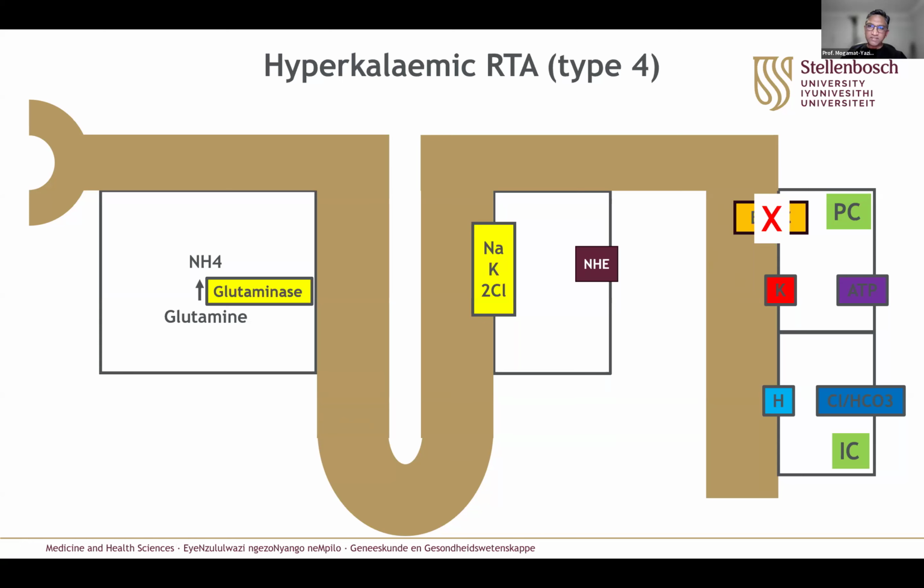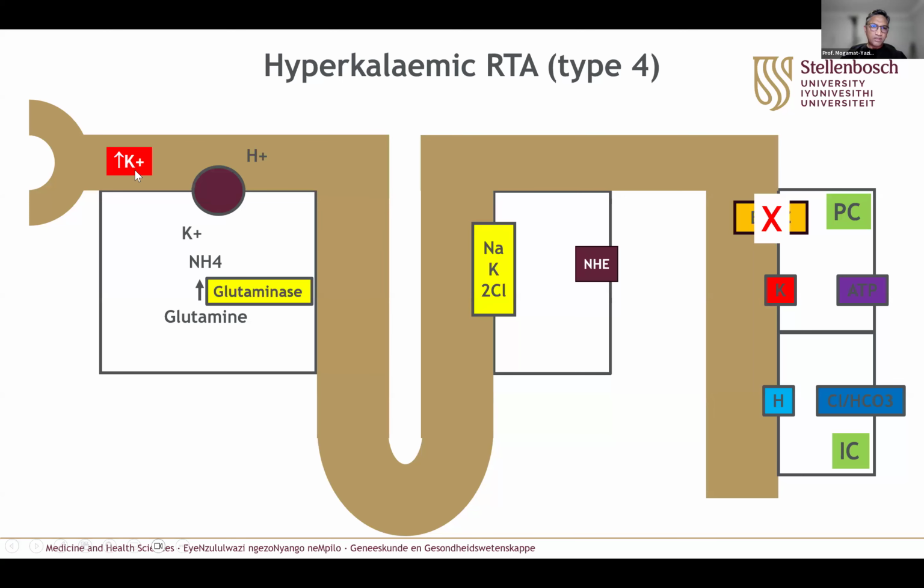And because potassium is no longer being secreted and the patient develops hyperkalemia, the potassium concentration in the proximal tubule here is high, because higher potassium in the blood is being filtered into the proximal tubule, as one can see here. And this is thought to result in a higher potassium in exchange for hydrogen.